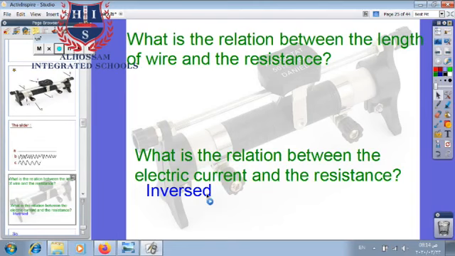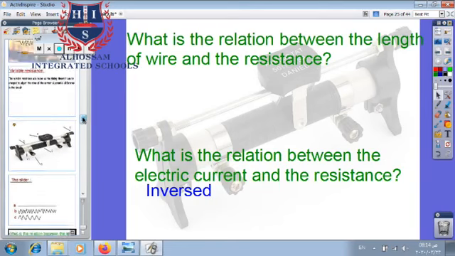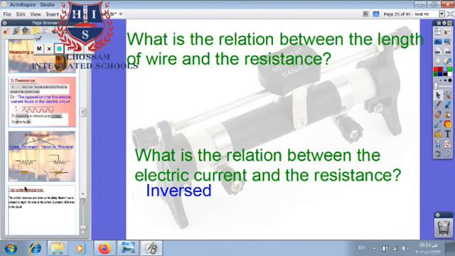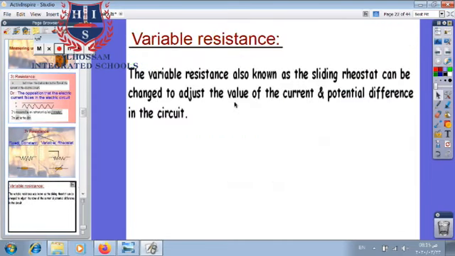So let's study what is meant by the variable resistance. Variable resistance, from its name, means a changeable resistance, so you can change its value. Why can we change its value? To adjust the electric current intensity, and so it changes the potential difference in the electric circuit.